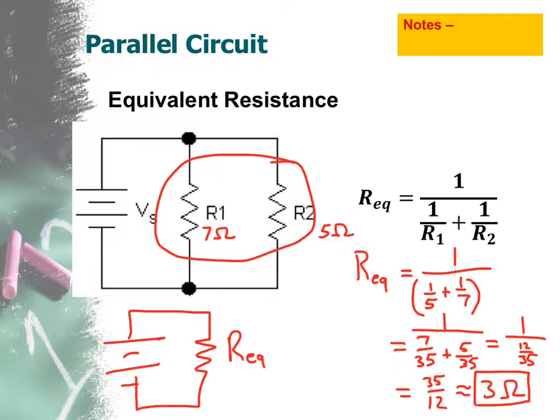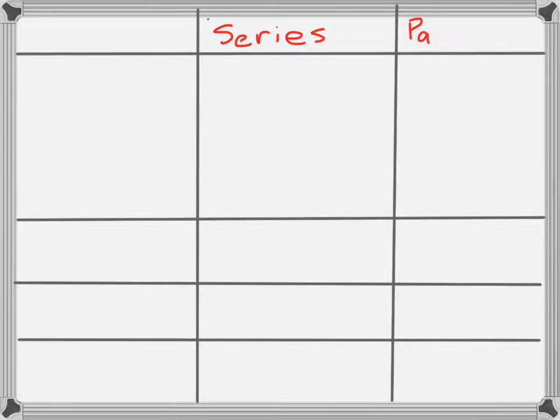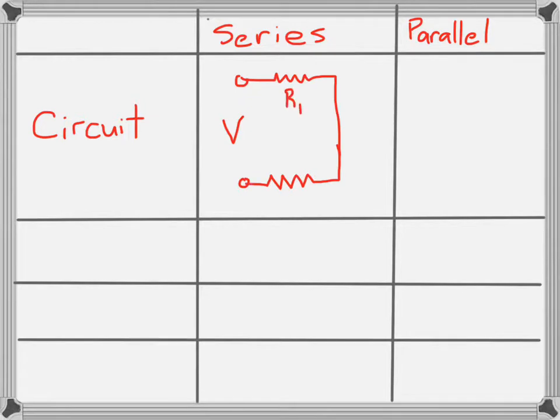Okay, I want to finish up by giving you a table to help you remember some important facts about series and parallel circuits. So let's draw a series circuit here. This is what it would look like.